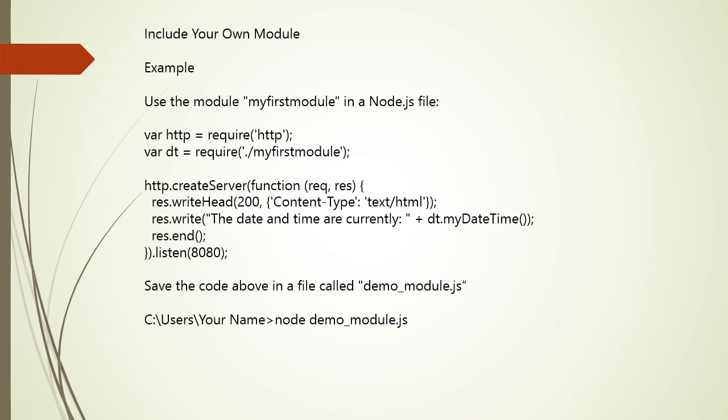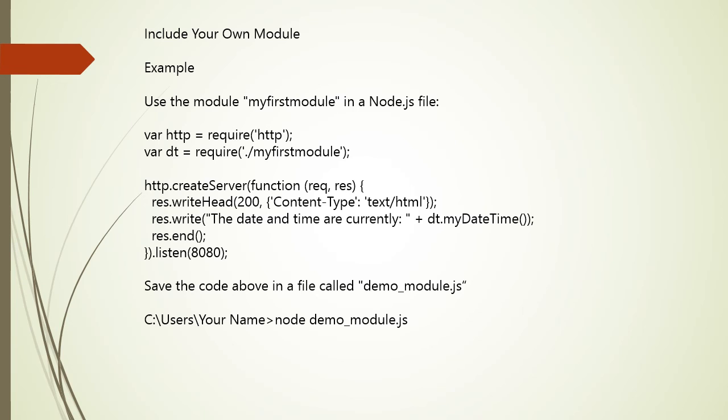For example, use the module you have just created, myfirstmodule, in a Node.js file: var http = require('http'); var dt = require('./myfirstmodule'); http.createServer(function (request, response) { response.writeHead(200, {'Content-Type': 'text/html'}); response.write('The date and time are currently: ' + dt.myDateTime()); response.end(); }).listen(8080). If you execute this program, you will get the current date.